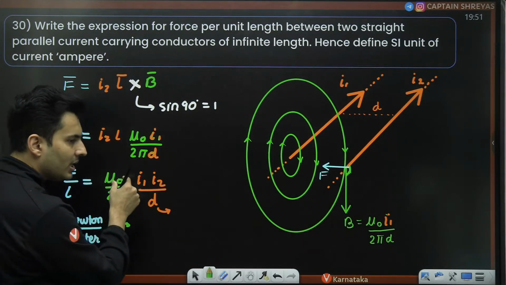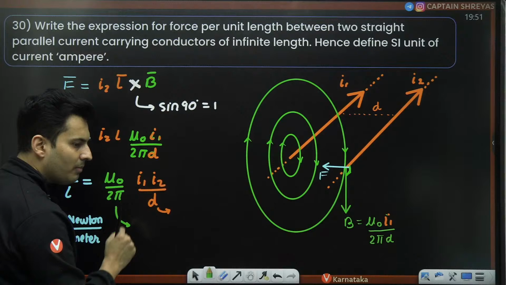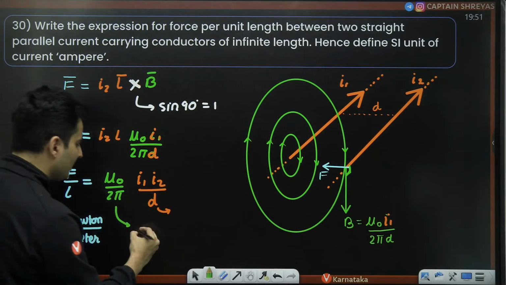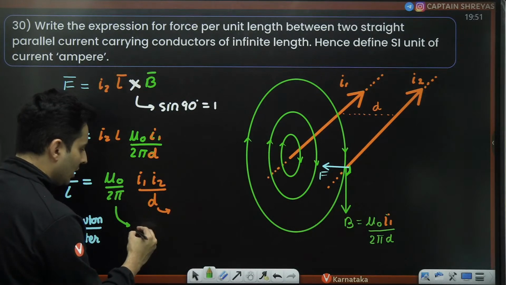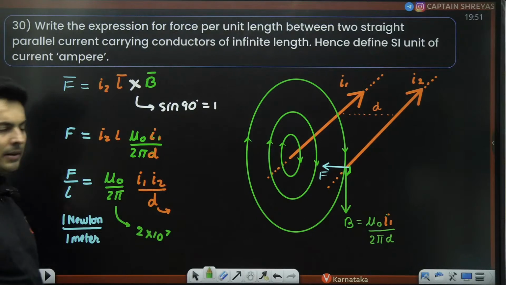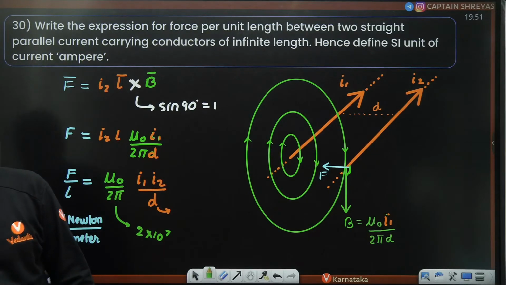Because mu naught is 4 pi into 10 to the power minus 7, right? So what should this be? This should be nothing but 2 into 10 to the power minus 7 right over here. Is that right, everyone? Yep.